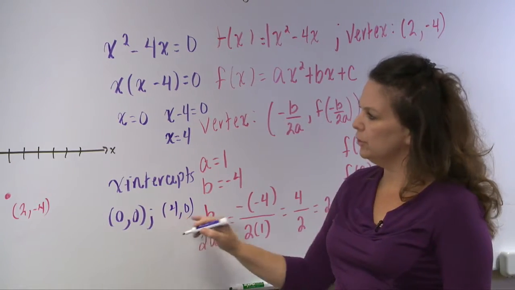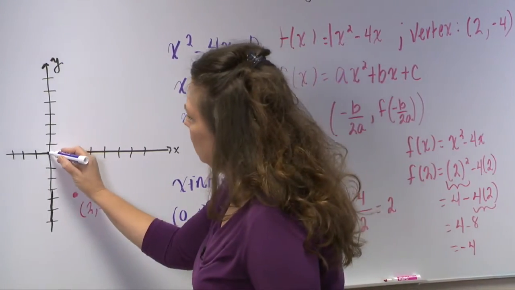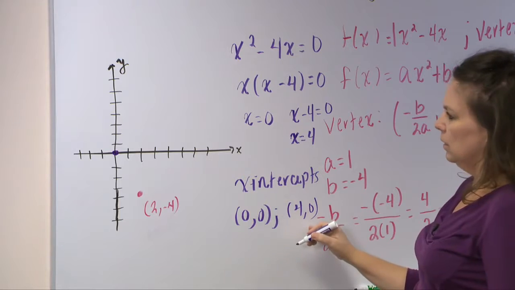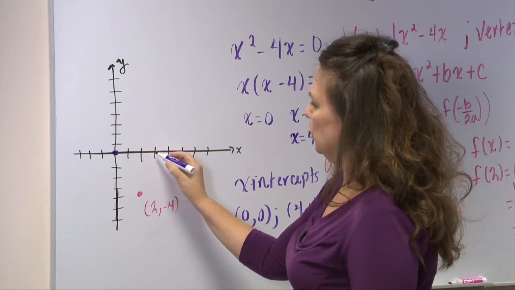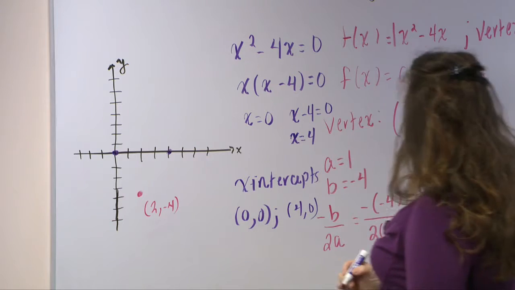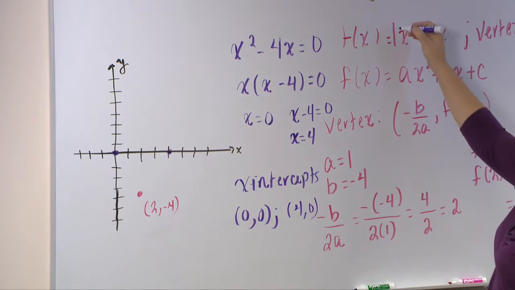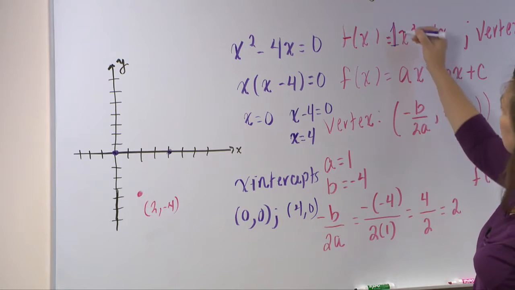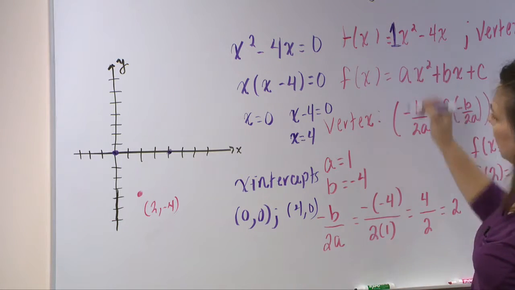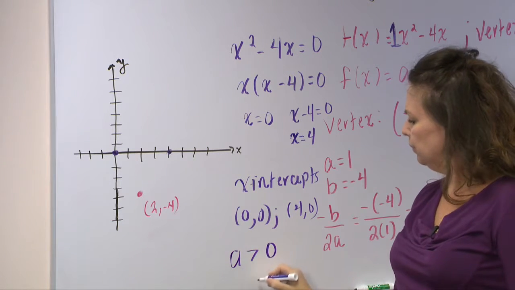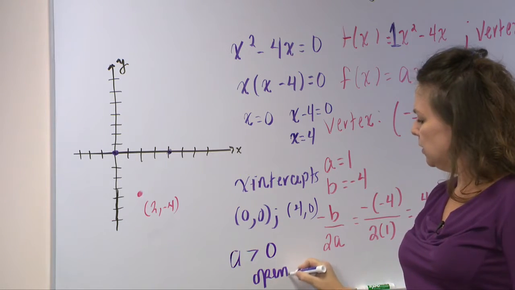So now I'm going to plot these 2 points. So one of our x-intercepts is the point 0, 0. The second one is 1, 2, 3, 4, 0. The leading coefficient here, a, is 1, and since a is greater than 0, it opens up.